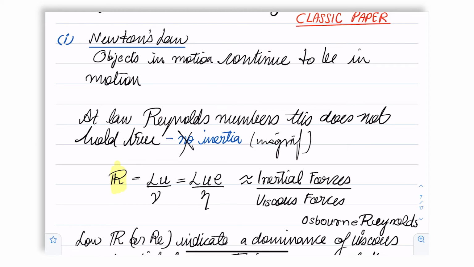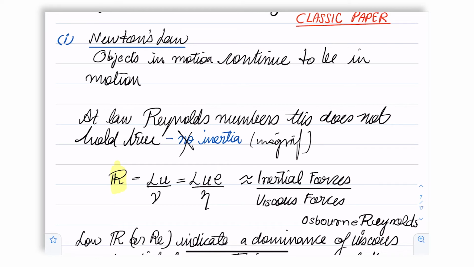Part of this can be seen from the equations themselves. So if R is equal to Lu by nu, where nu is the kinematic viscosity, then rewriting it, it becomes Lu times rho upon eta, rho being density and eta being dynamic viscosity. This is in terms of the ratio of inertial to viscous forces.